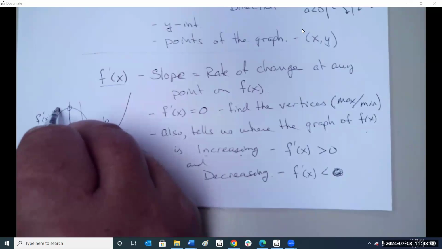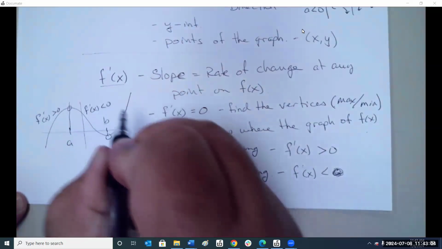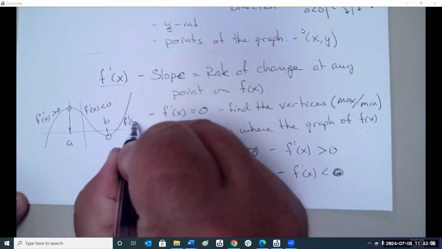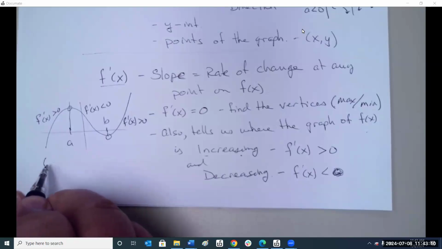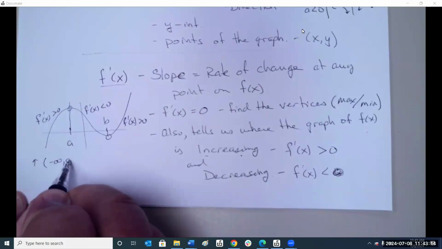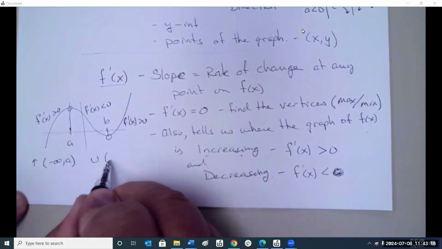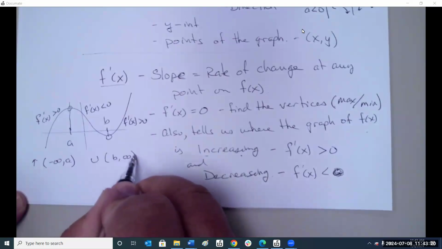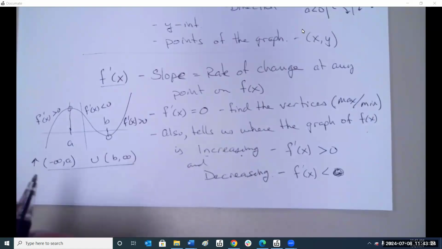So here it's positive. Here it's negative. And here it's positive again. So it's increasing in those intervals.